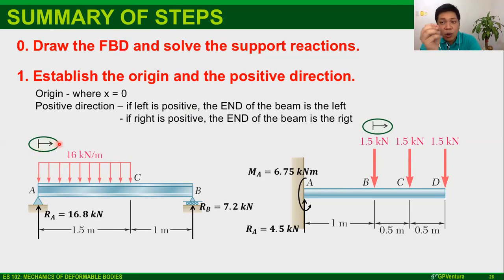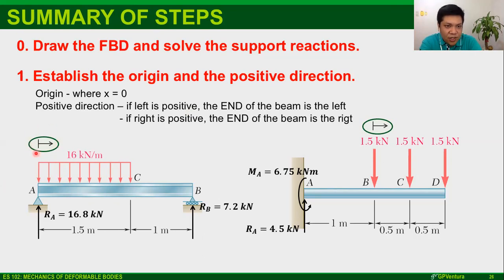You are actually the one to determine where the origin and the positive direction is. But most of the time, in the exam, we normally set the positive direction and the origin para pare-pareho yung answers ninyo. And of course, to test whether, pag linipat-lipat namin yung origin and the positive direction, you still know how to answer the problem.